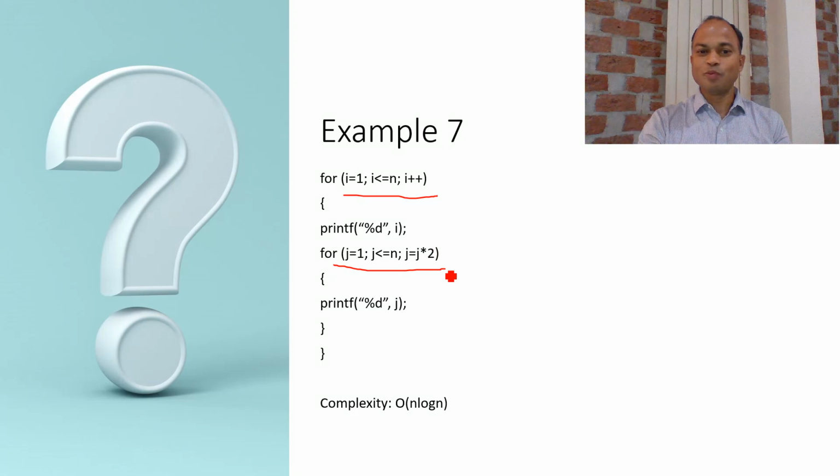So at every moment j is halved here. Therefore, the complexity of this j loop will be order of log n, and the complexity of the i loop is order of n, because it executes n times, with dependency upon n. Here the dependency is upon log n. So therefore, complexity will be order of n log n.